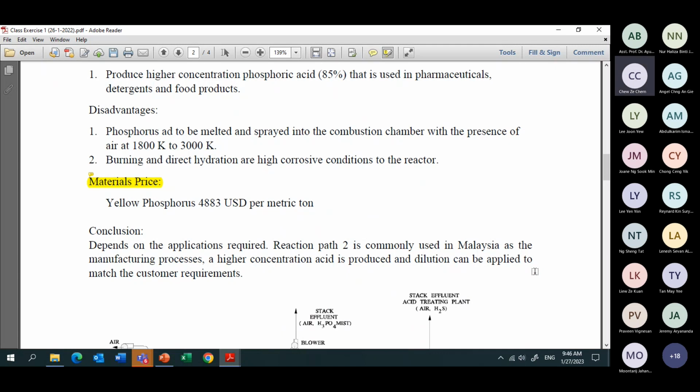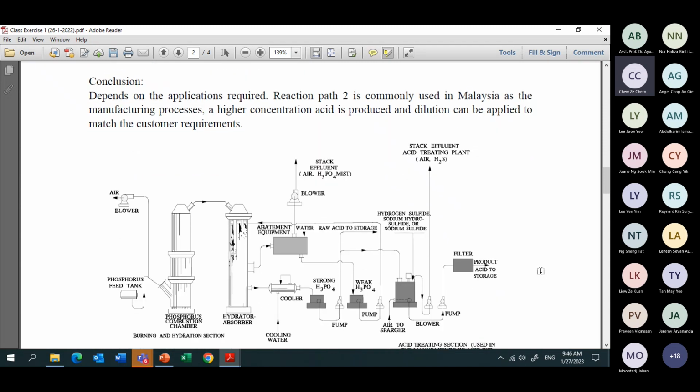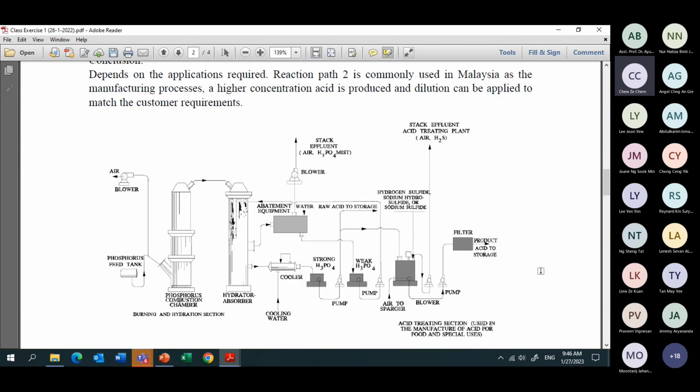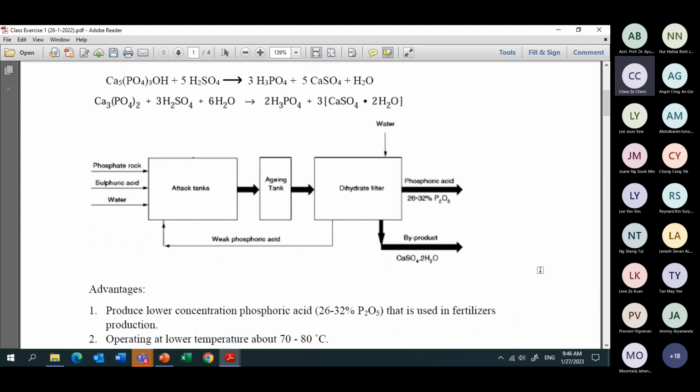Because the process produce higher concentration phosphoric acid, and for the market, if the market want lower concentration, they will directly just dilute the higher concentration one. And the first reaction path, if not wrong, it produces phosphoric acid with a lot of impurities. Also need further purification process to get a higher concentration phosphoric acid.